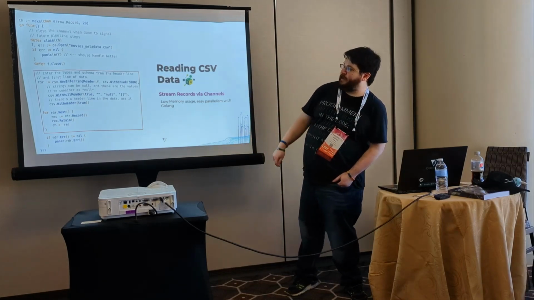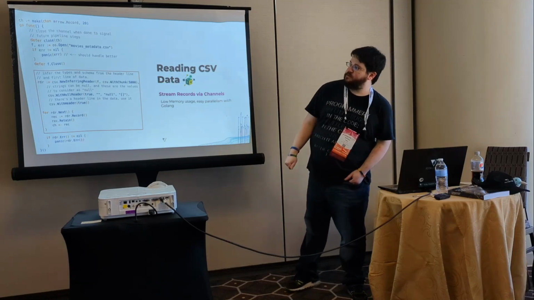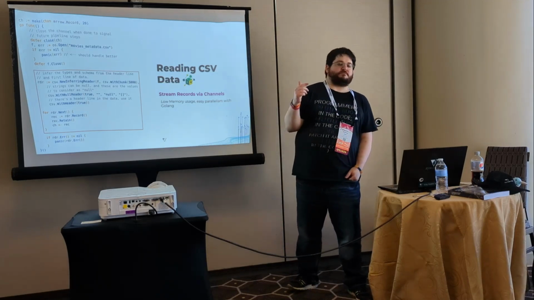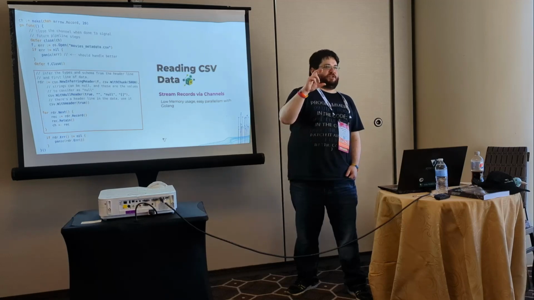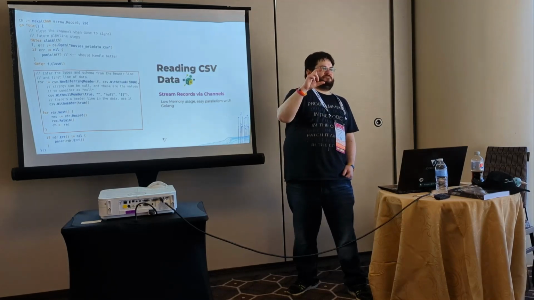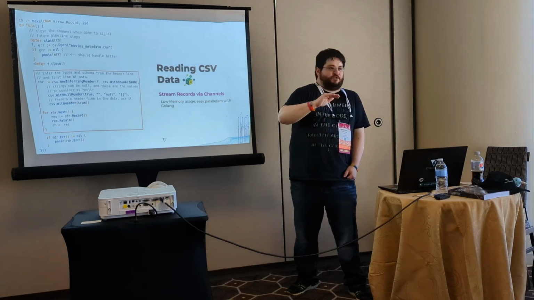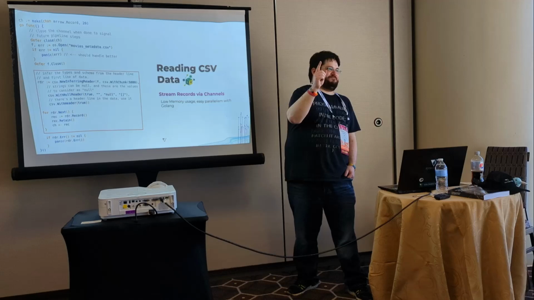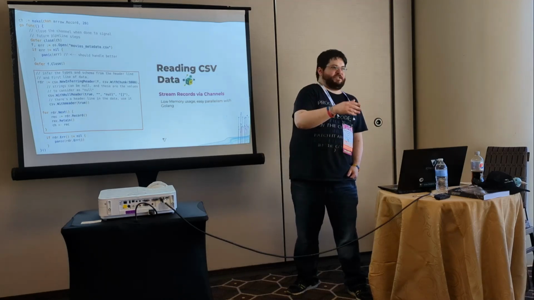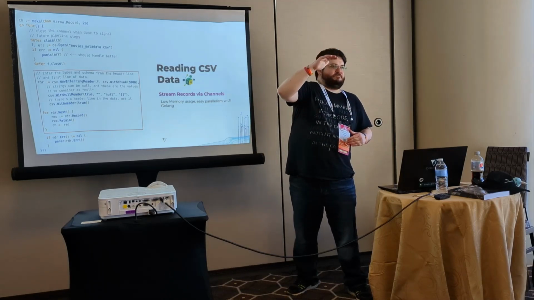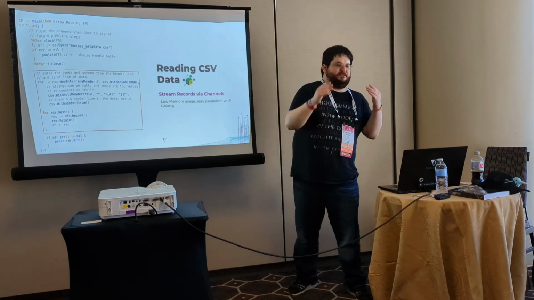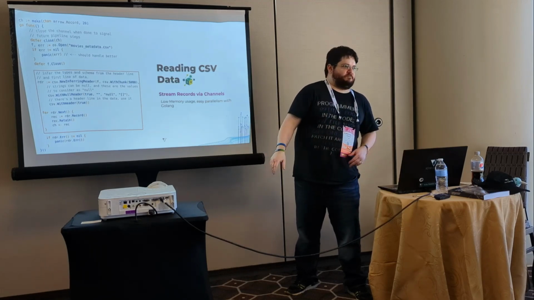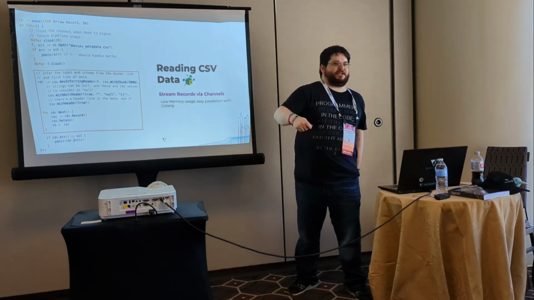One of the options you can pass the CSV reader is how large a chunk to read, how many rows to consider one record batch. The default, if you don't tell it to do anything, is one row is one record batch. You can pass it a 0 and it'll take the whole file as one record batch, or you can pass whatever number you want and it'll say this many rows makes a record batch. And then every time you call .next, it reads that much.